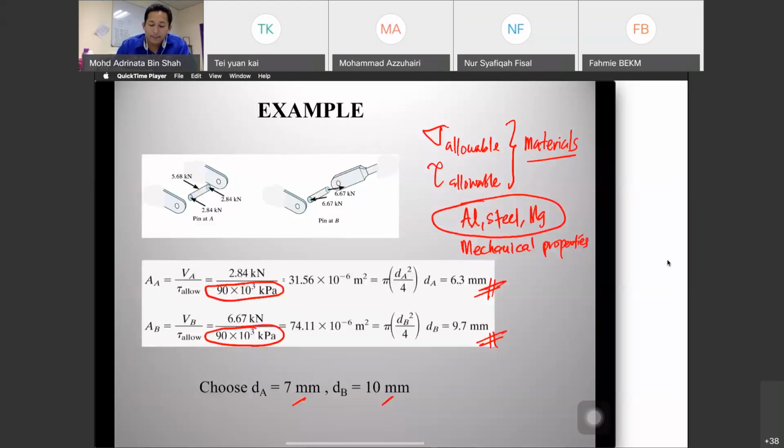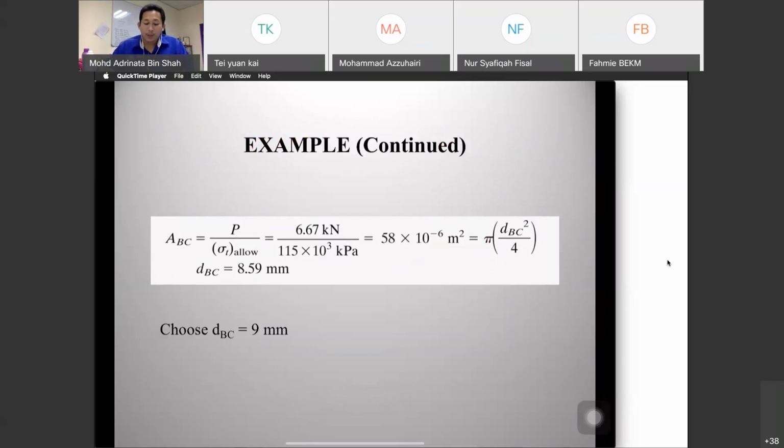But in the question, it should state that the allowable shear stress is equal to 90 megapascal. Then you have to calculate. Given is the allowable shear stress.